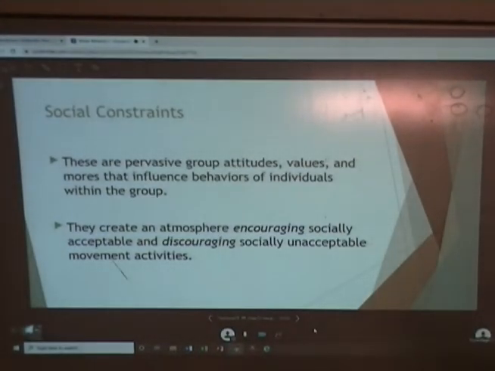It can be, but it isn't always. So it plays a large role in the motor behaviors that are adopted and learned by the children and individuals in that cultural society, and the choices they make as we get older.